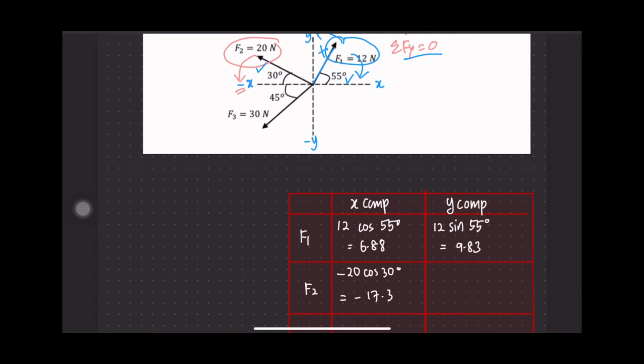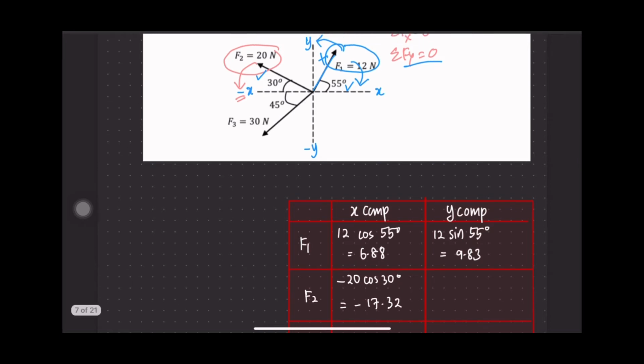Okay. So next, 20 cos 30 is 17.32. Okay. So next, for y component, go to y component positive, tak ada angle. So it become 20 sin 30 is 10.